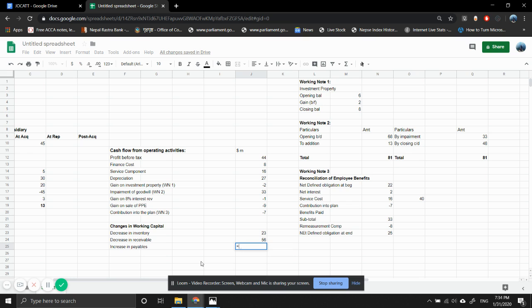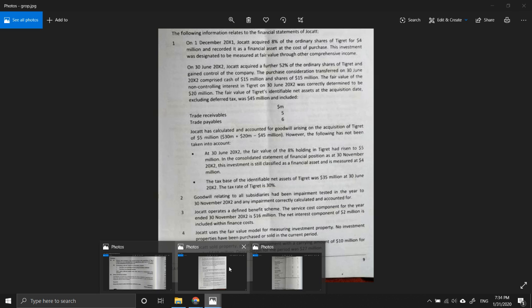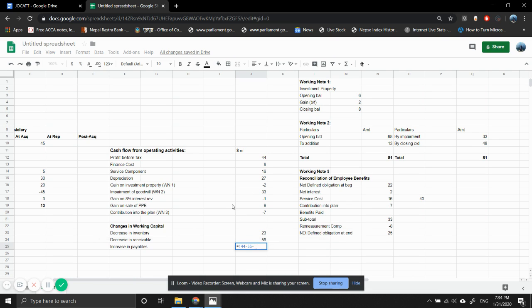Since it has increased, we can do 144 minus 55 minus, was the payable 6, minus 6.